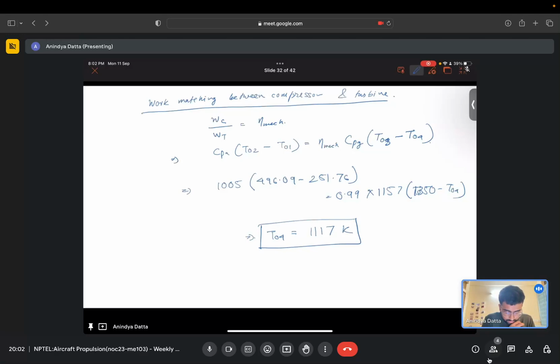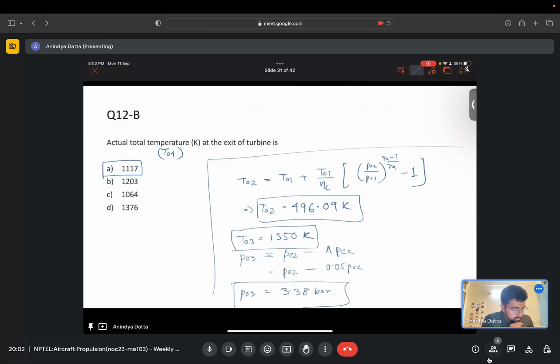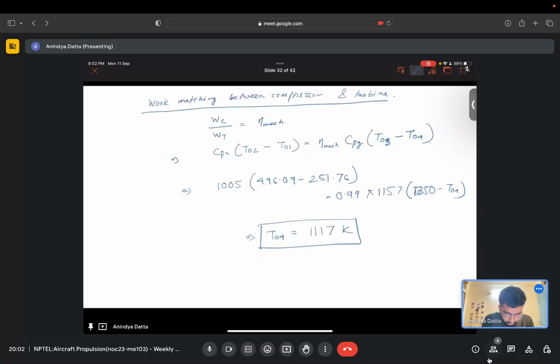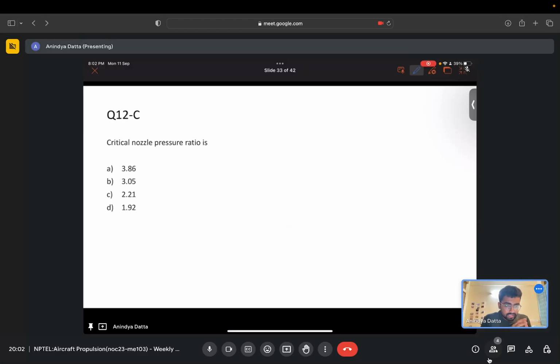All right, so next, we have to find the critical nozzle pressure ratio. I'm skipping this part a bit.